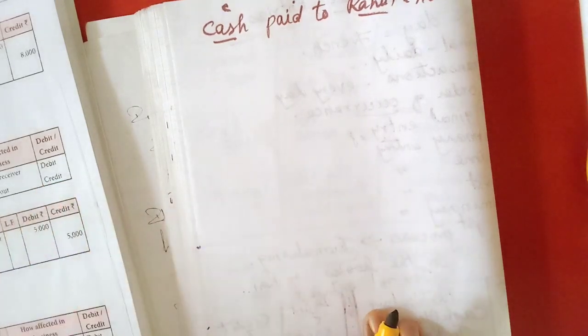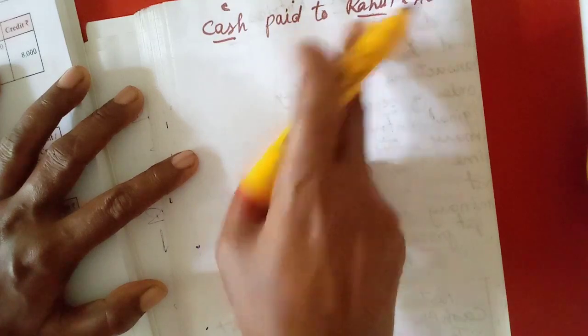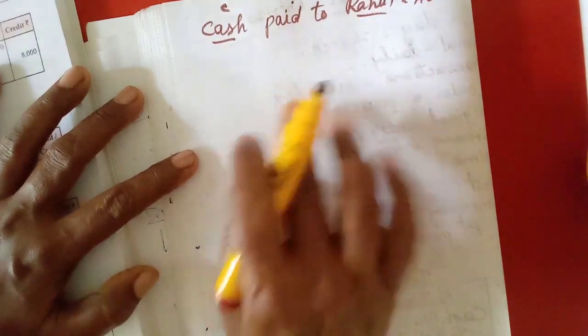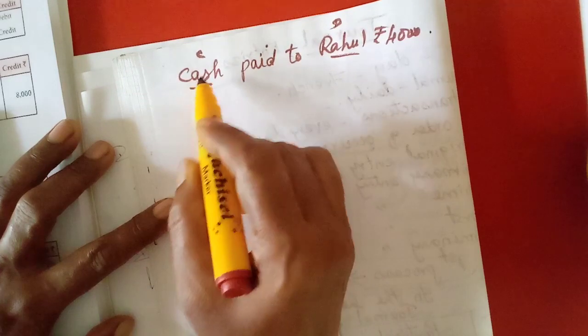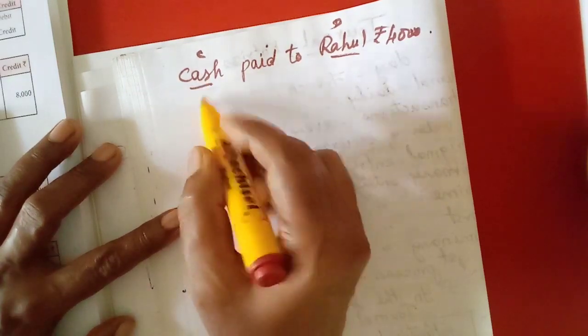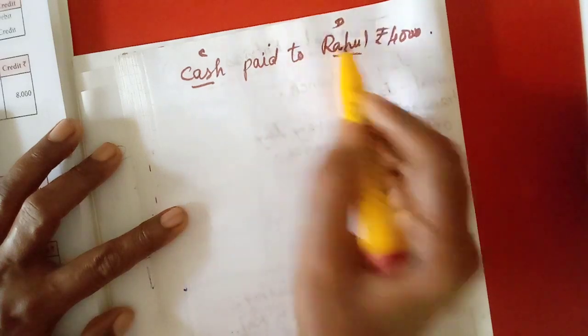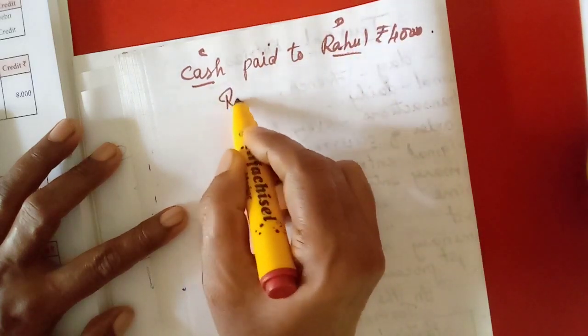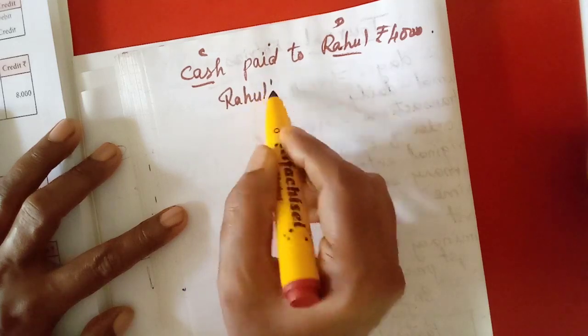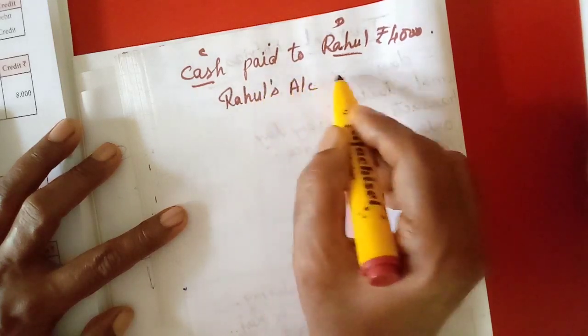Now you can see that this is a real account, this is a personal account. Okay, so in mind you have to do that one. So what is the journal entry? Journal entry we should write. Okay, debit Rahul. So Rahul's account debtor. Apostrophe also you can write.